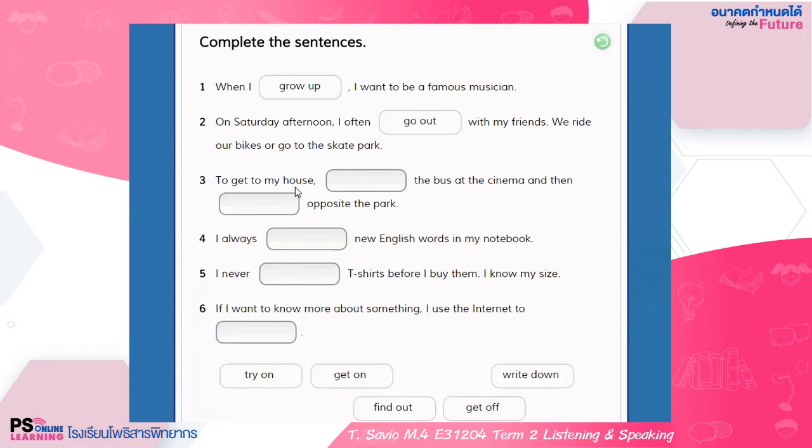To get to my house, get on the bus at the cinema, and then get off opposite the park.